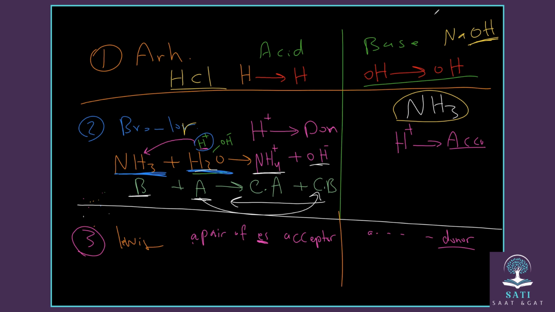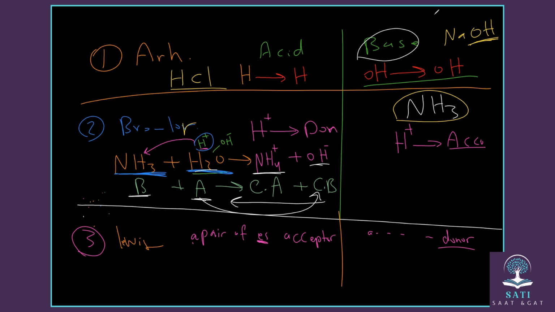It is the base. Good. Is it generous by what? By negativity. Keep it in mind now. So the base, when it is generous, is generous with negativity, and this is Lewis. And the acid, when it is generous with positivity, with proton, in this case it is the Bronsted-Lowry definition.